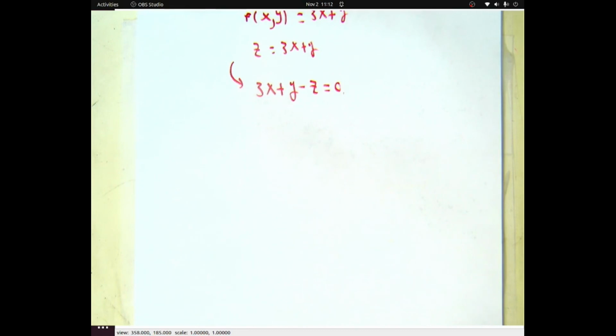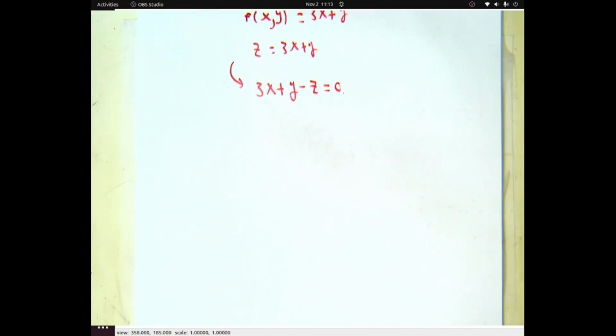So for the function in question, the graph will be z equals 3x plus y, which if you rearrange it to say 3x plus y minus z equals 0, we recognize as the equation of a plane. So if I drew the graph of this in three-dimensional space, it's going to be a plane.